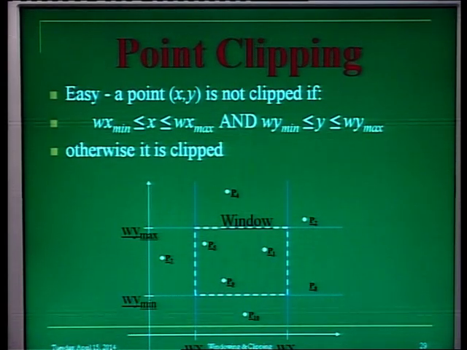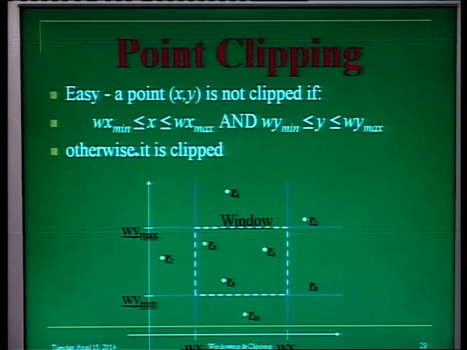Point clipping is basically very easy. Suppose there is a point (x, y). That point is not clipped if the following inequalities are satisfied: x should be within the limit of xw minimum and xw maximum, and y also, in the vertical direction, should be within the window size. If the point is within this region, it is not clipped, otherwise the point will be clipped.